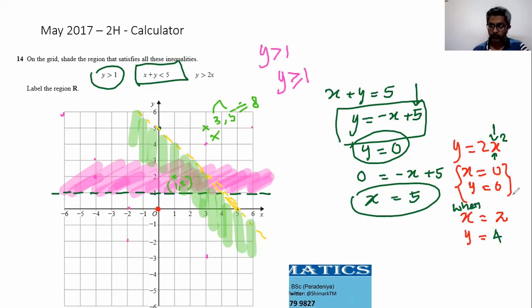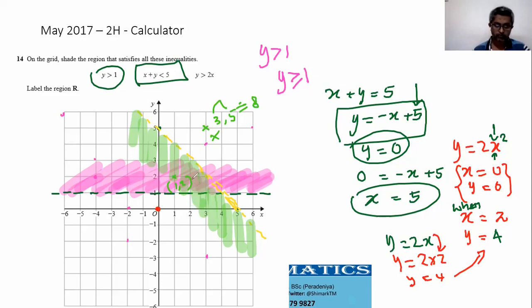When x equals 0, y equals 0, because 0 only I can put. When x equals 2, this is the equation I have, 2x. I'll put y equals 2 into 2, so I got 4.